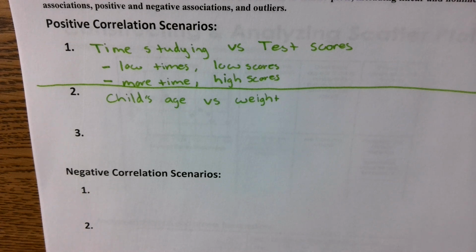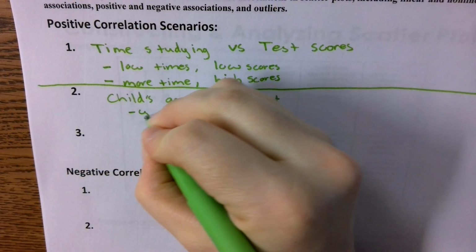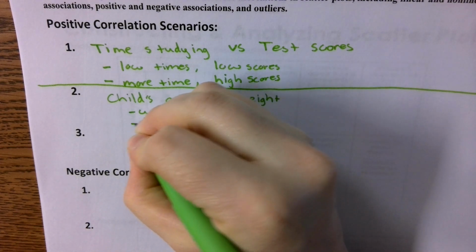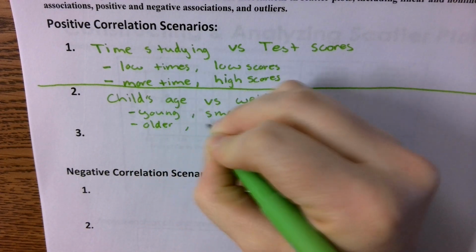An adult, as they age, can stay the same weight 30, 40 years, okay? So a child, though, because a child is growing, their weight and their height should increase. So when they're young, they're small. As they get older, they get bigger.